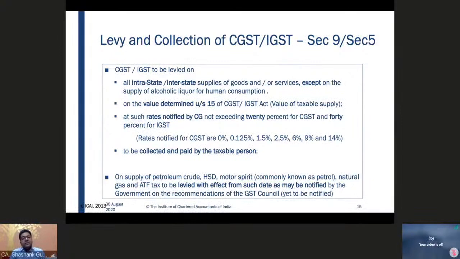Next it says, on supply of petroleum crude, high-speed diesel, petrol, natural gas and aviation turbine fuel. So what is this basically?